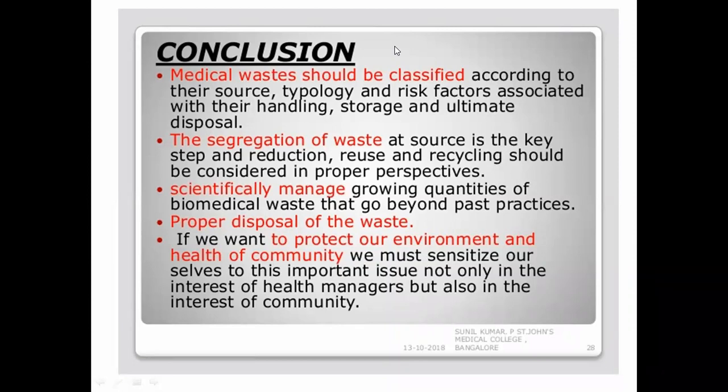We are not going to throw everything away, we are going to reuse it. All the gloves, IV sets, cannulas, with proper treatment they are going to be reused, repacked, re-sterilized, and then we take them again. This will reduce air pollution, water pollution, land pollution, and soil pollution.